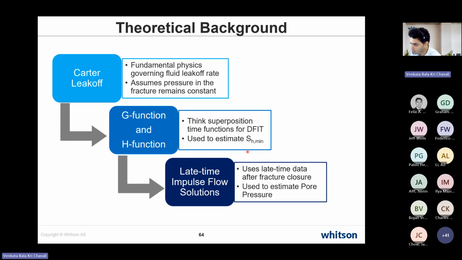If I do have that late time afterflow and I can get a permeability estimate from there, I can use a slightly different technique, more classical in terms of well test literature, to get what the permeability would be given that I know the flow regime that it is in. So 2 ways to estimate permeability, the fundamental physics being the Carter leak-off.